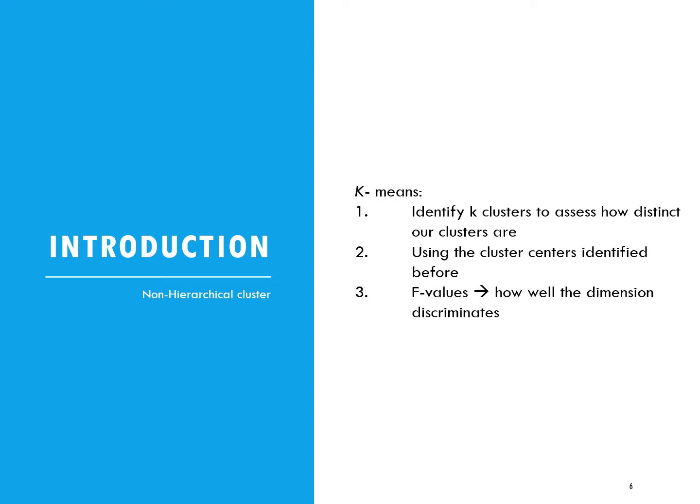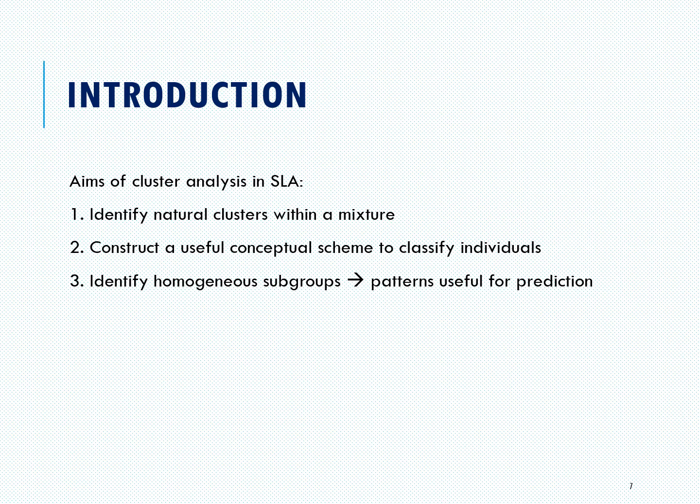You also then obtain F-values from ANOVAs, which help you determine how well the dimensions found discriminate across clusters and which element is key to determine these clusters as well. What's the point in using clusters, you might be thinking?